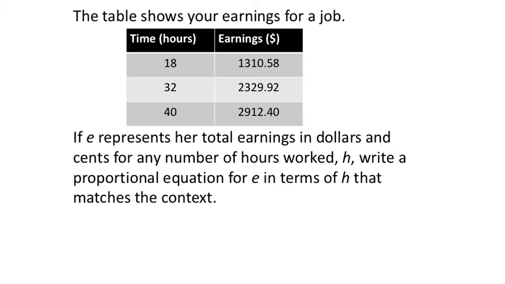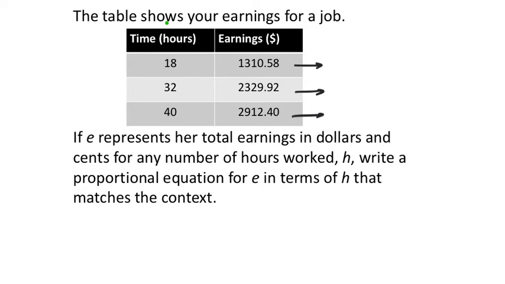So, on this one, there's a couple of things just in the wording that they gave us. It says that we're going to write a proportional equation, which allows us to assume that the table is already proportional. Now, whether you assume that or not, we can actually confirm it by just taking each of these y values and dividing them by the x values. But before I get to that, this table actually tells us which values are y's and which ones are x's.